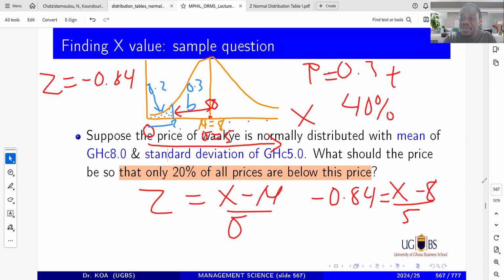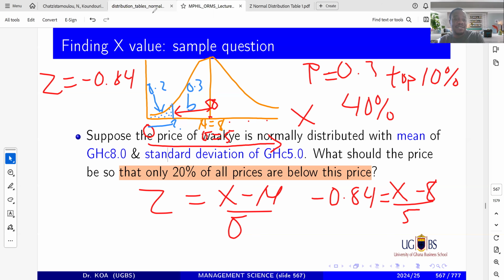What would you have said? What probability would you have read? Top 10%. Your top 10% area would have been what? What probability would you have read?